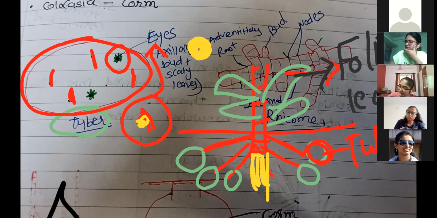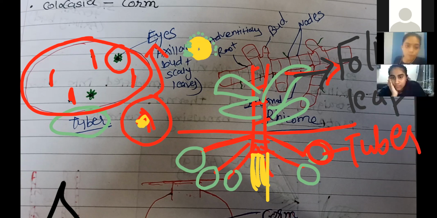That bud is protected by scaly leaves, which are transparent in nature. Okay, they are transparent, and that we call the scaly leaves, which surround the axillary bud.